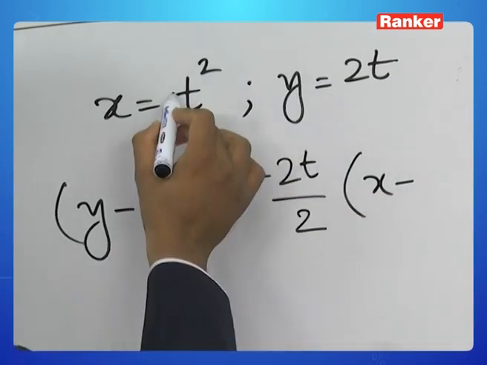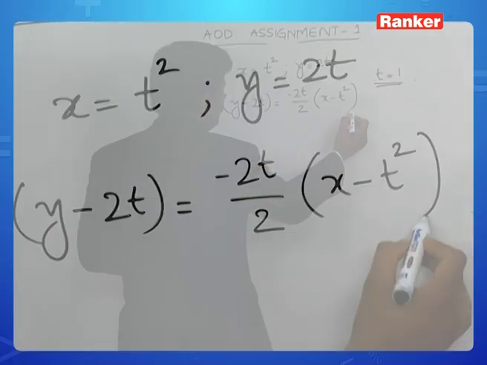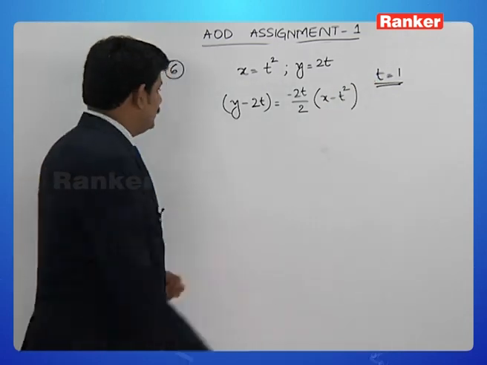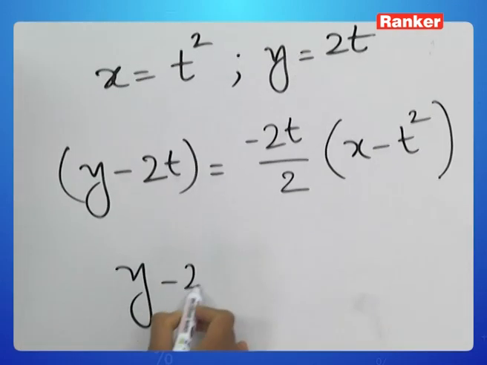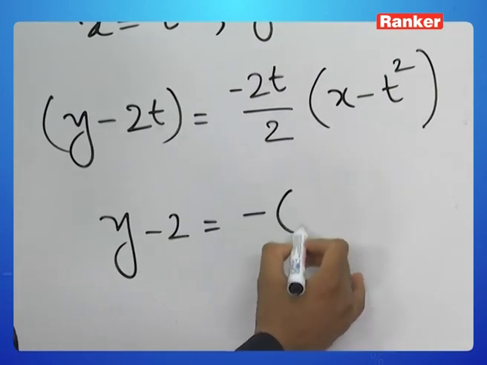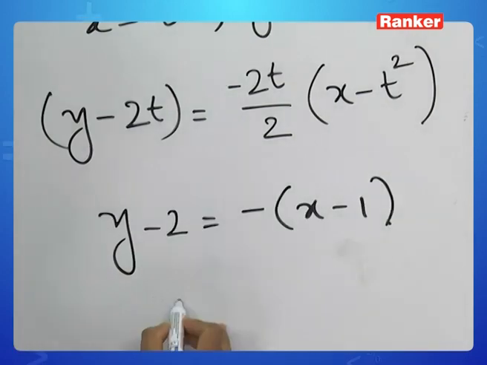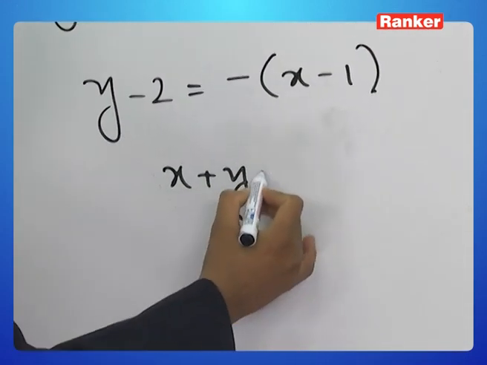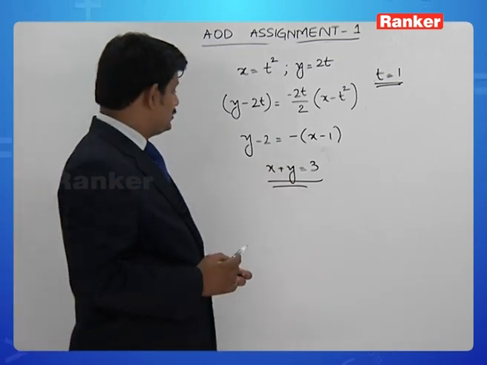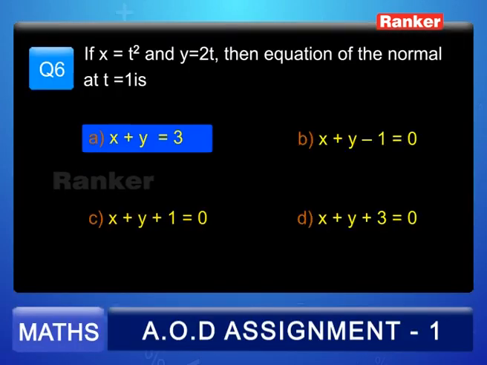Here x1 is t square, and we want this at the point where t is equal to 1. So y minus 2, putting t equal to 1, is equal to minus of x minus 1, which makes it x plus y is equal to 3. So the equation of the normal is x plus y equal to 3, which is option A.